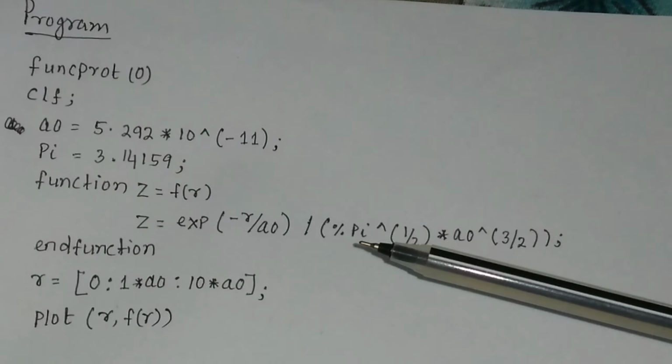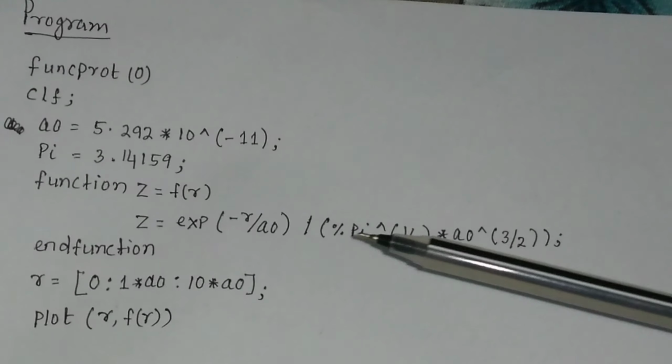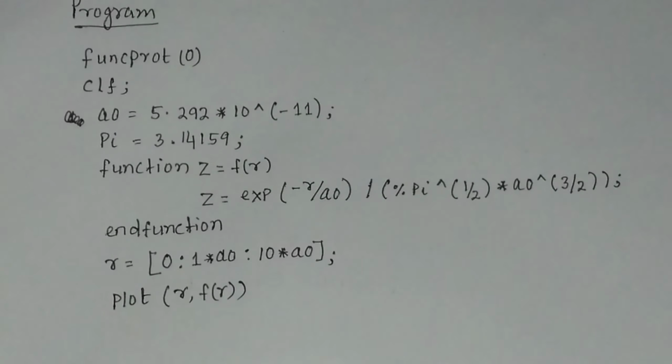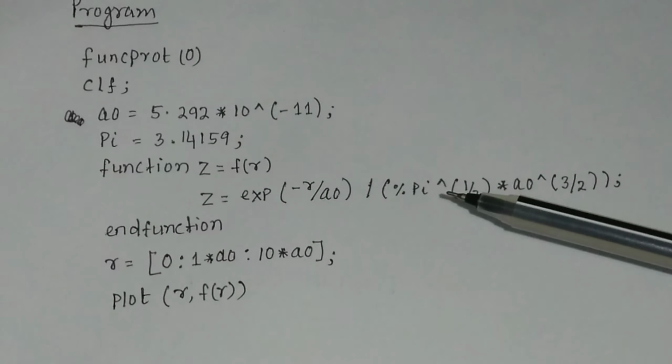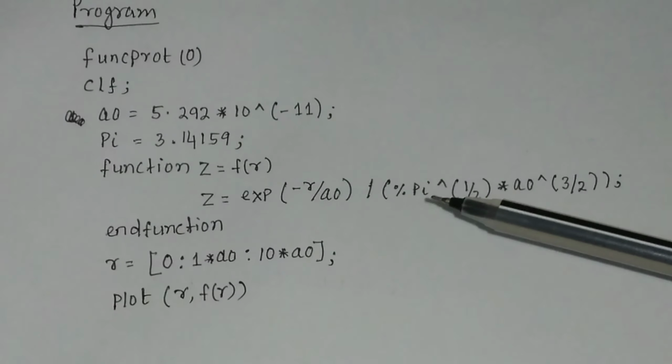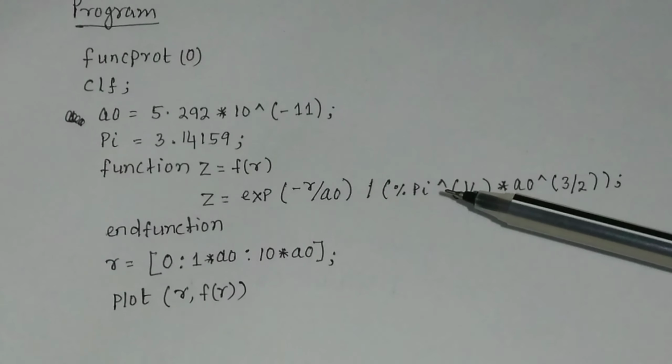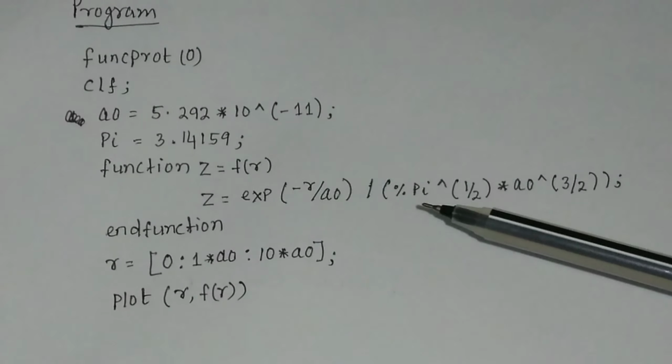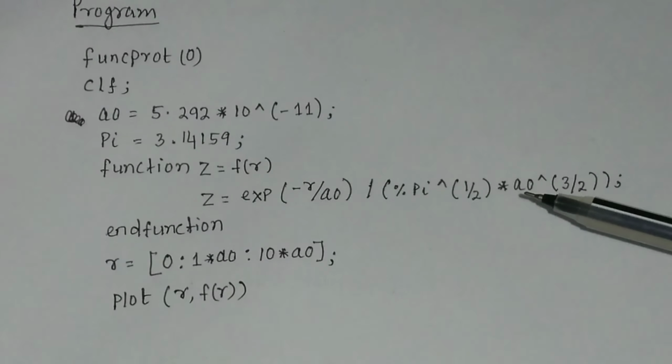Before pi you have to write percentage, that means in Scilab programming, to represent pi you have to write percentage pi to the power half, that is the square root of pi, then into a0 to the power 3 by 2.